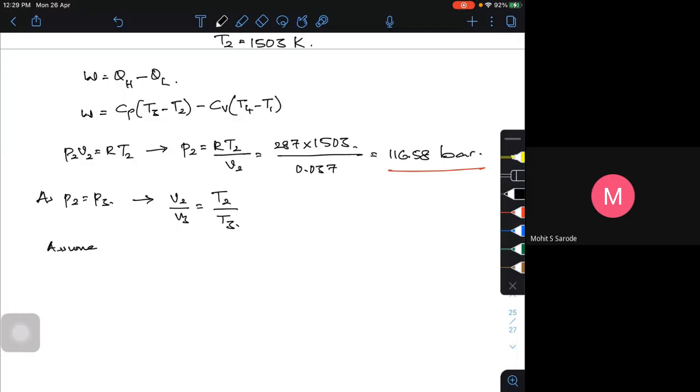Rho is equal to V3 by V2, which is 3.5. Therefore your V3 is equal to rho into V2, that is 3.5 into 0.037.